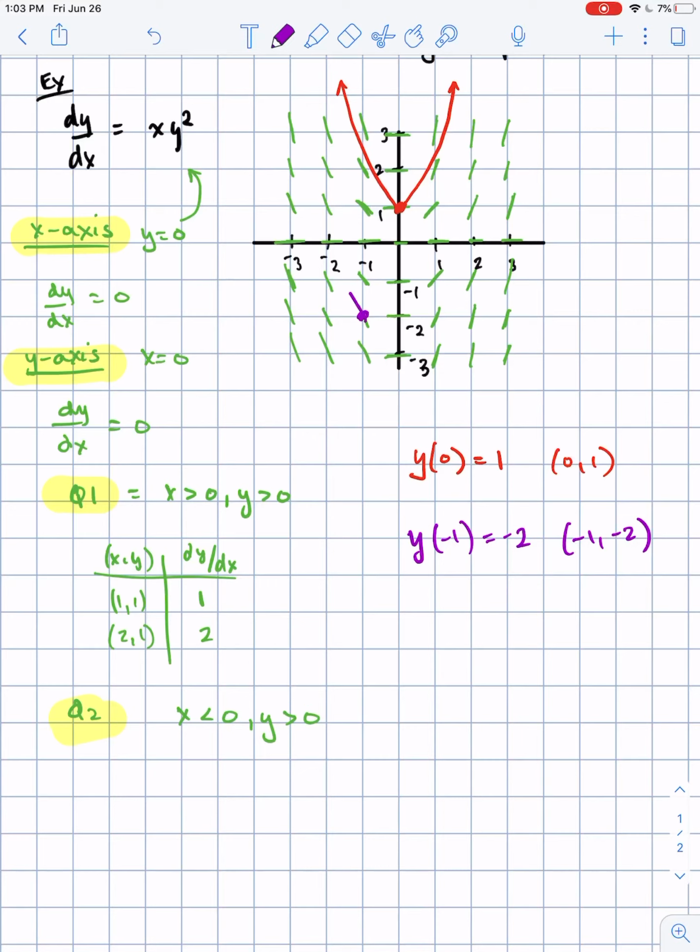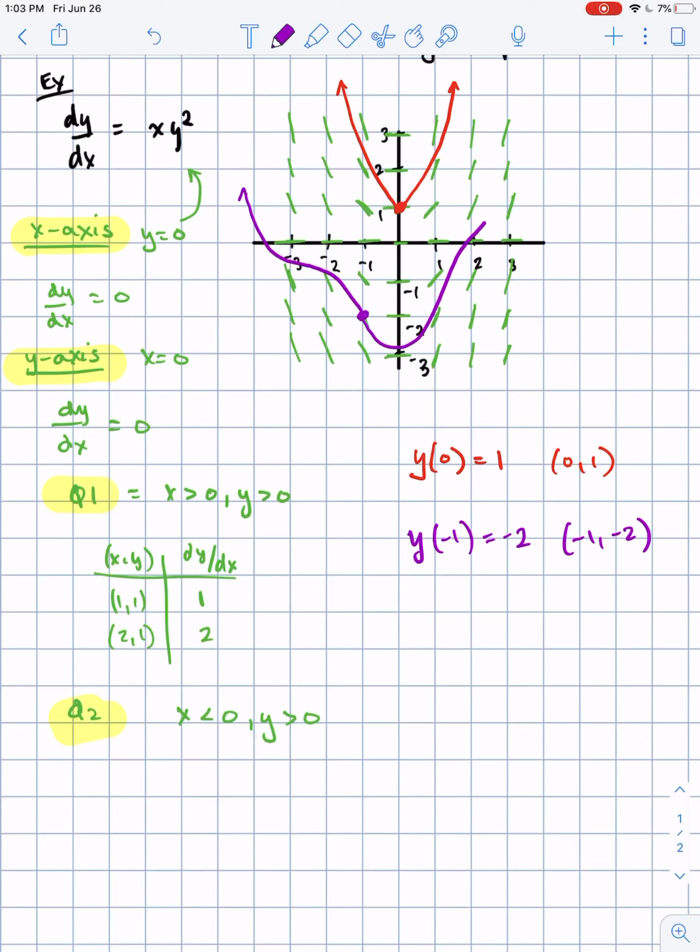So it'll look something like that, where it starts to flatten out and give you a slope of 0. Once it does that, it's going to continue going up. On this side, it's just going to continue following slopes.